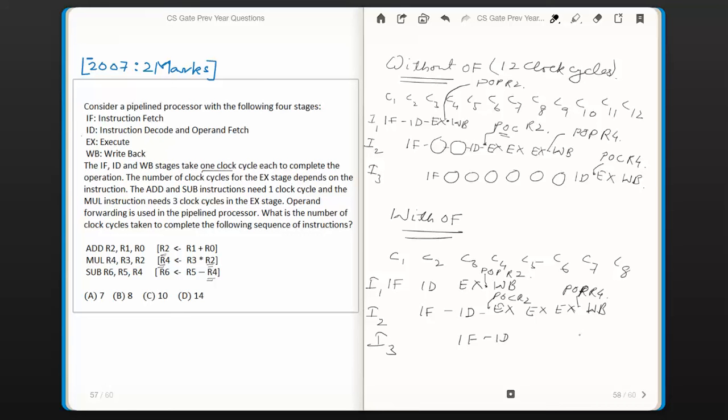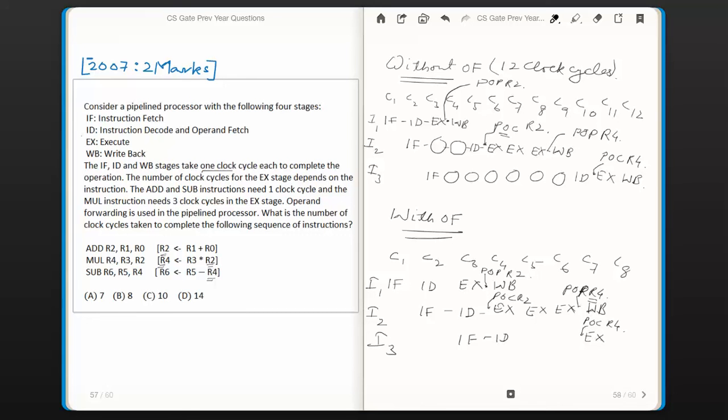So for the execute stage of I3, as the point of consumption of R4 is at the input of the execute stage of I3, it can be scheduled right after the point of production of the new value of R4. So here the execute stage of I3 can be scheduled because the point of consumption of R4 is here, and we can schedule the point of consumption right after the point of production of this register.